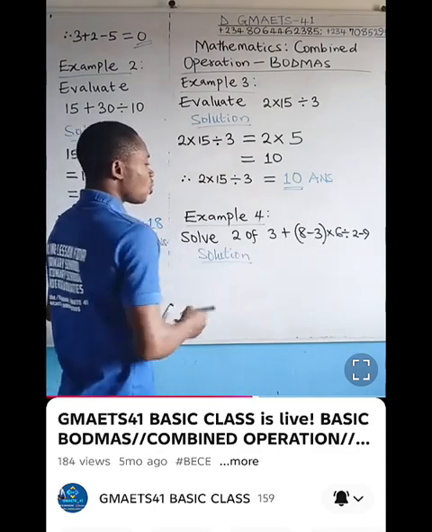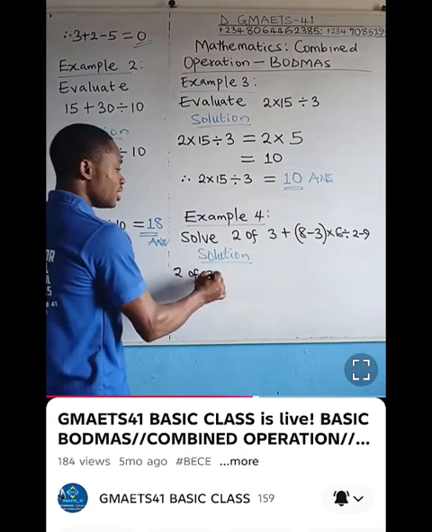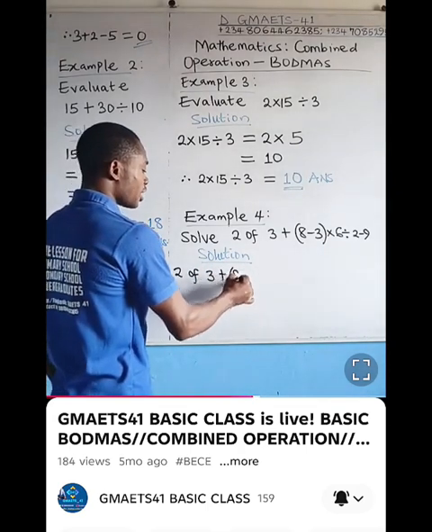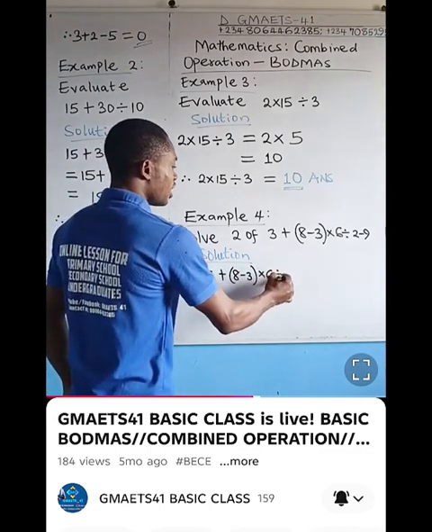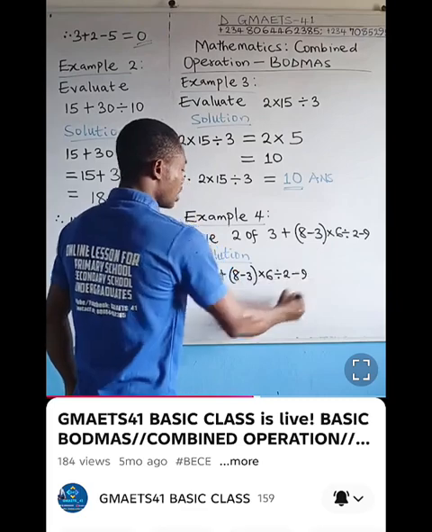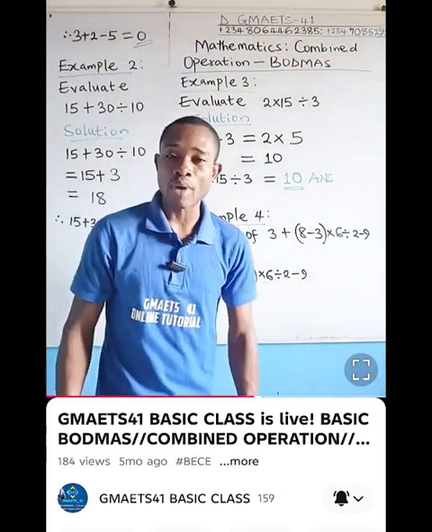So this is the question we have. Now from the question, we have 2 of 3 plus open bracket 8 minus 3 times 6 divided by 2 minus 9. This will be equal to, you now remember your BODMAS.